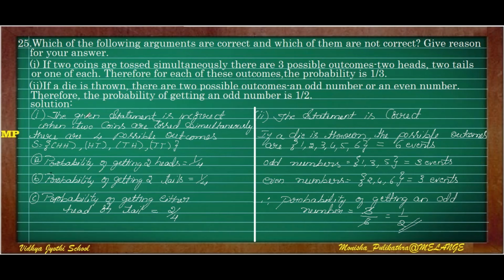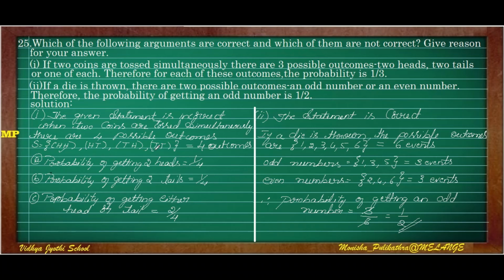The given statement is incorrect. Why? Because when two coins are tossed, there are not three possible outcomes, there will be four possible outcomes: HH, HT, TH and TT. If we take two heads as an event, then the probability of getting two heads is 1 by the total number of outcomes, that is 1 by 4.